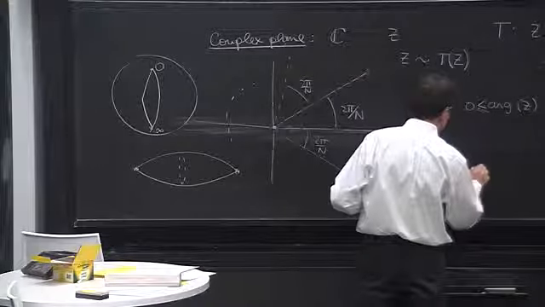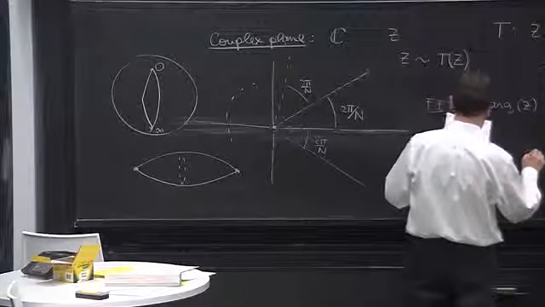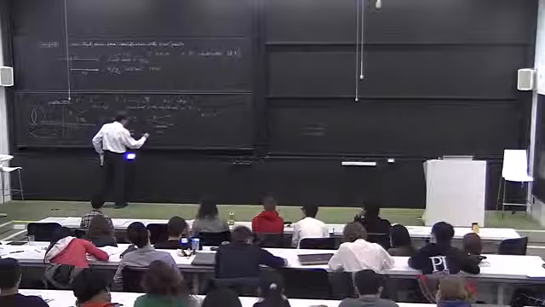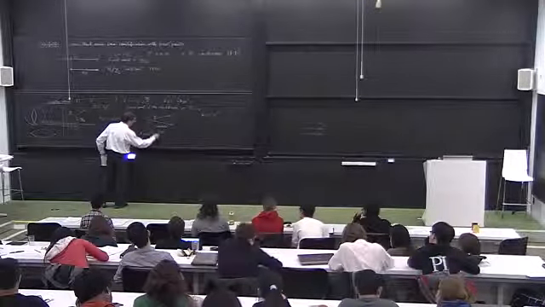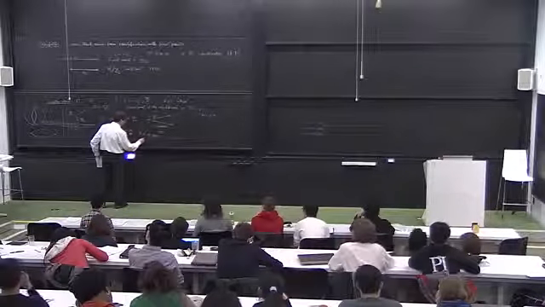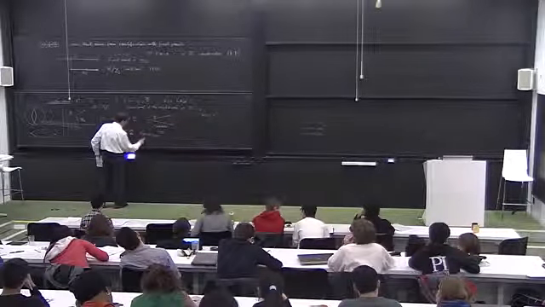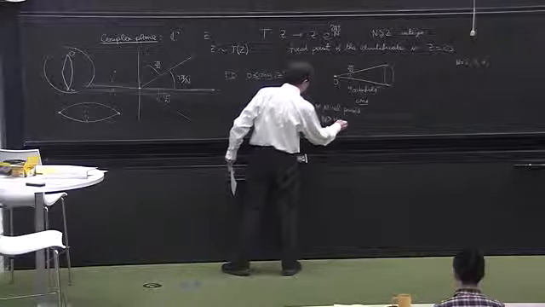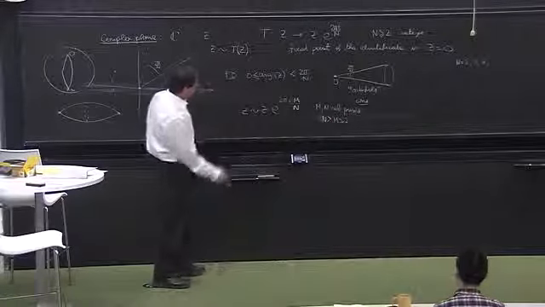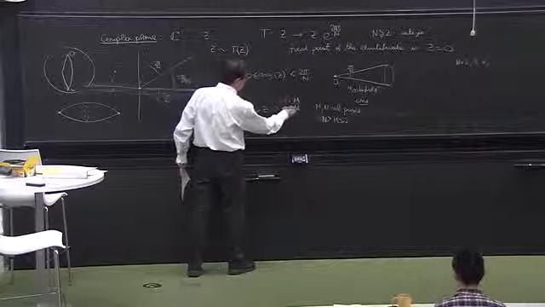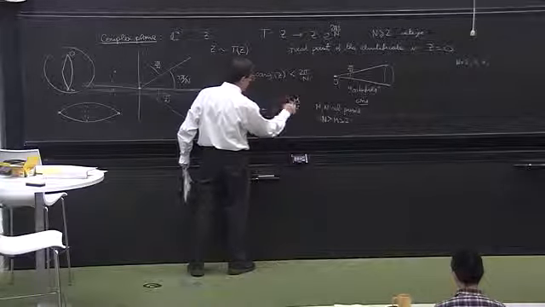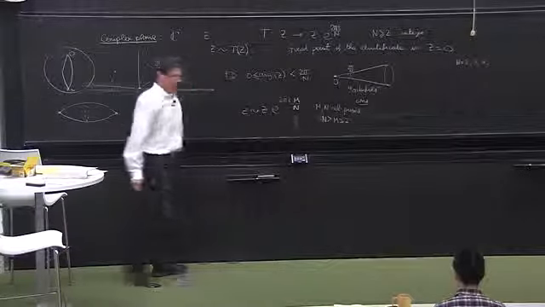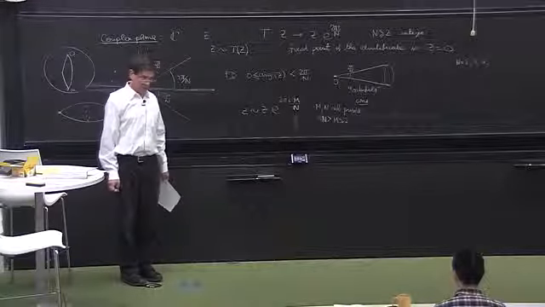How about z identified with z times e to the 2 pi i m over n, where m and n are relatively prime, and n is greater than m, which is greater than or equal to 2? So instead of having n equals 7 and 2 pi i over 7, what if you have 3 over 7 or something like that? Do you get more cones or don't you get more cones? What do you get?